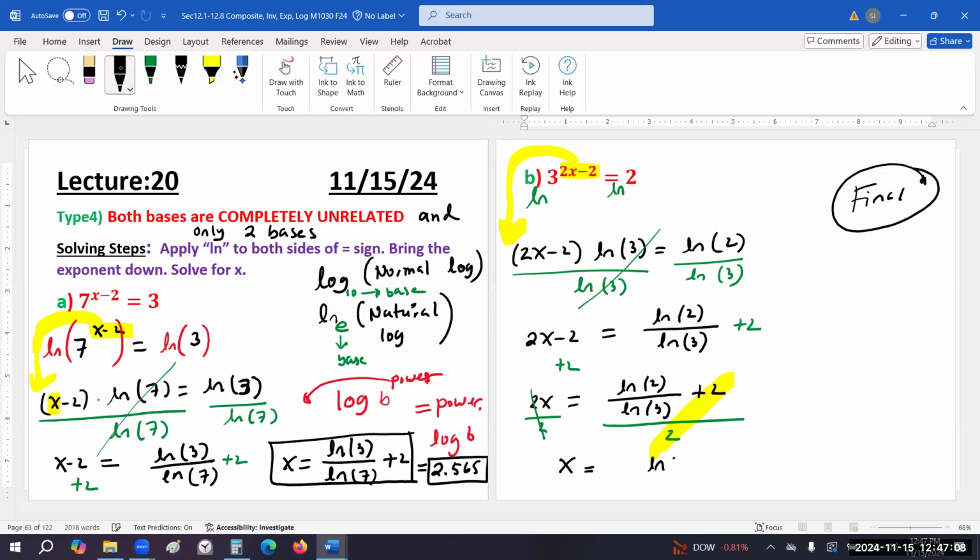You write ln of 2 over 2 times ln of 3, because you're putting these 2 on this denominator, plus 2 over 2. And then you can cancel them. That gives us 1. So we have ln of 2 over 2 times ln of 3 plus 1.